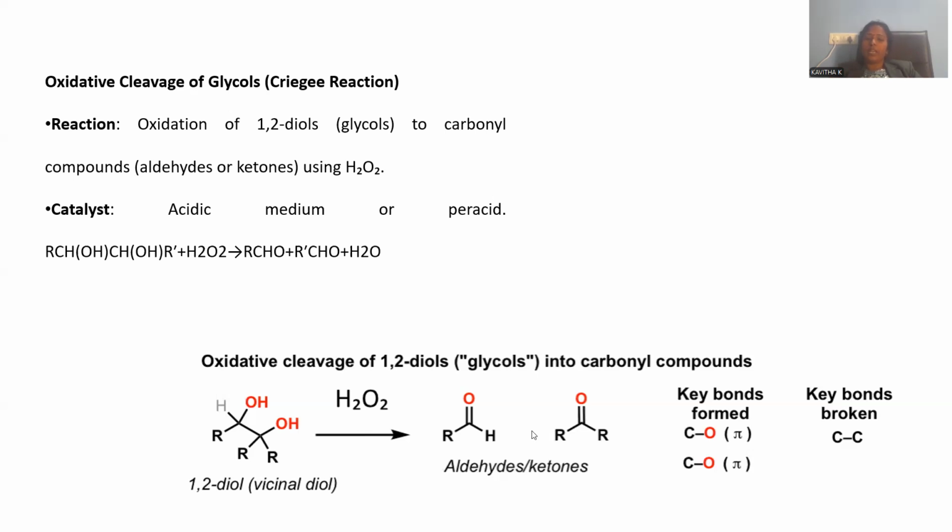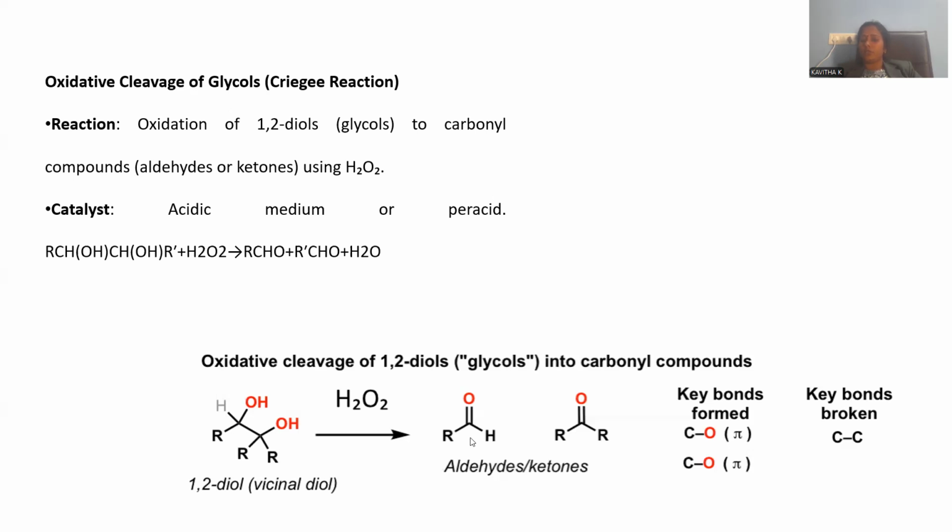This is called oxidative cleavage of 1,2-diols. So wherever oxygen is added, wherever oxidizing, here hydrogen peroxide is not at all giving any oxygens to the molecule; rather, it is able to cleave the molecule and remove hydrogens from it, right?